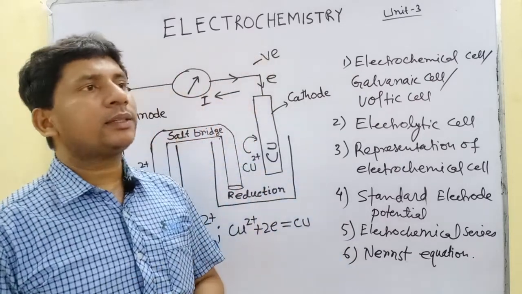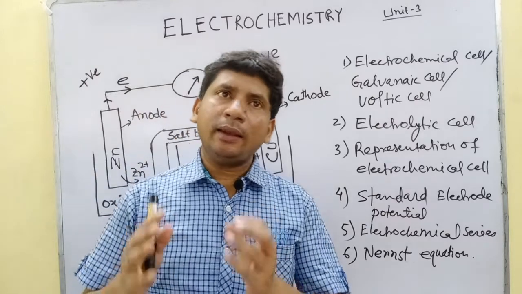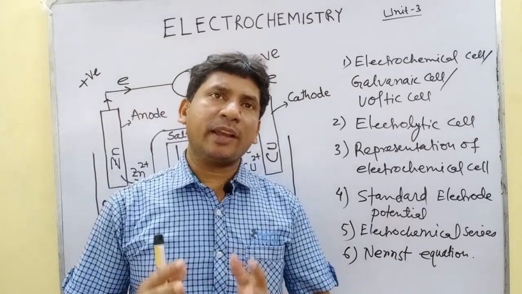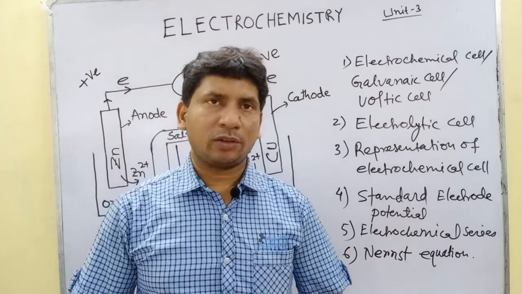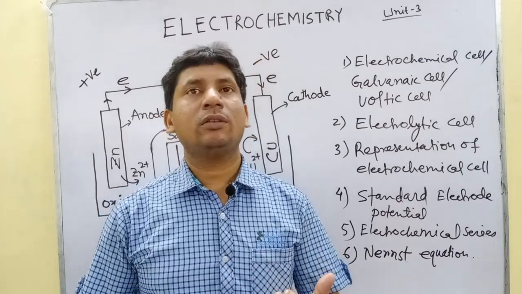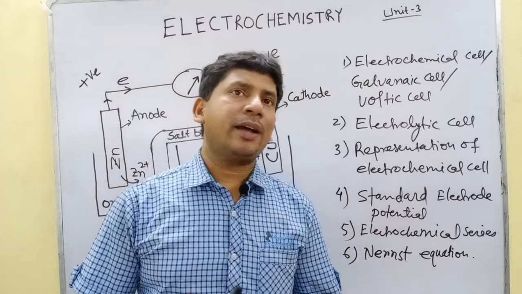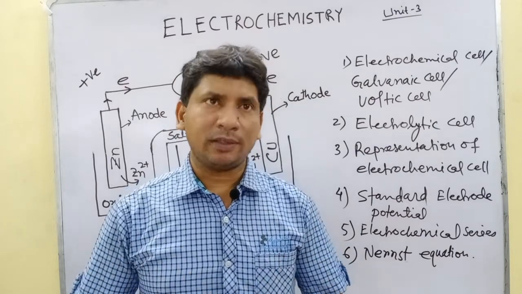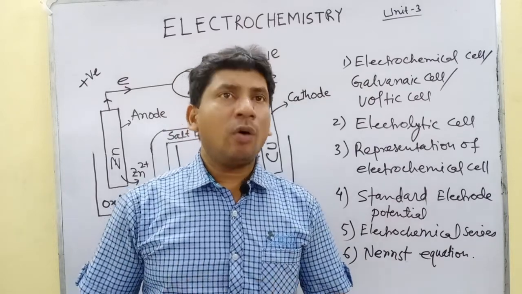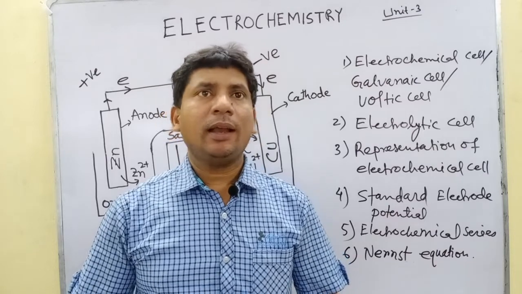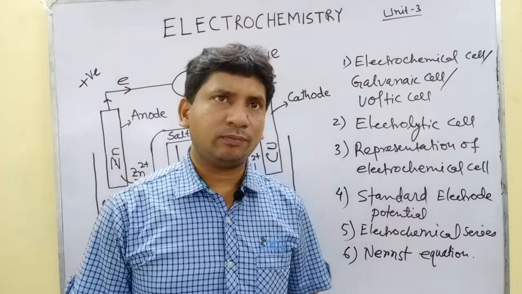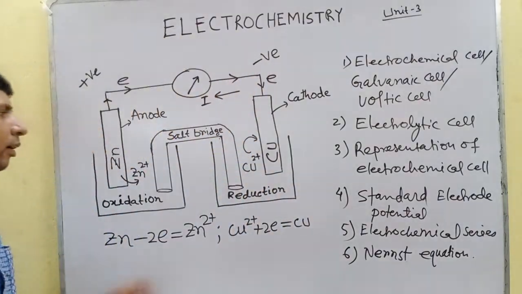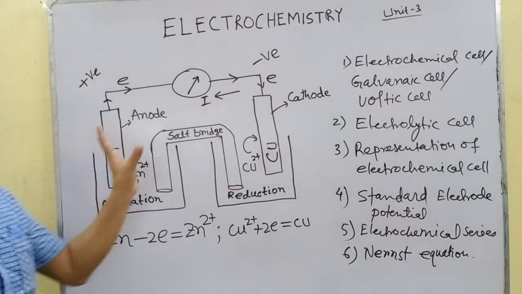What is redox? Oxidation and reduction take place simultaneously. And what is the galvanic cell? A galvanic cell is made of two half cells. We can say this is a galvanic cell.